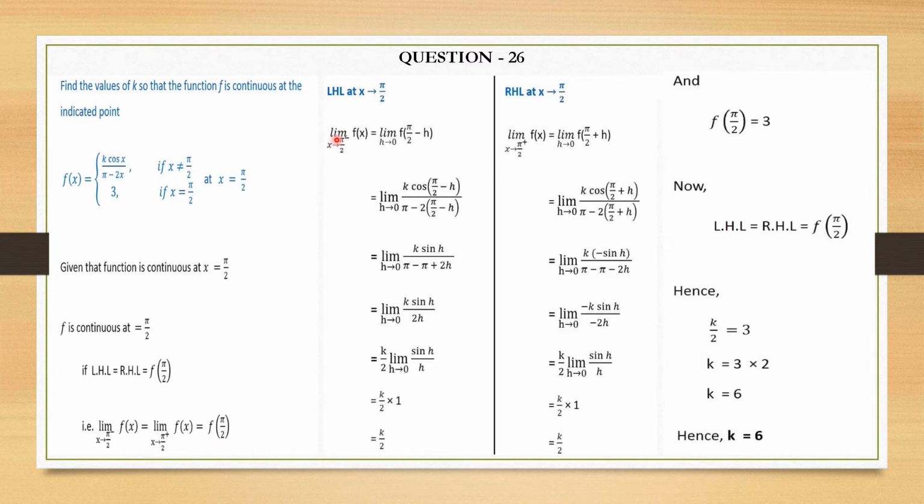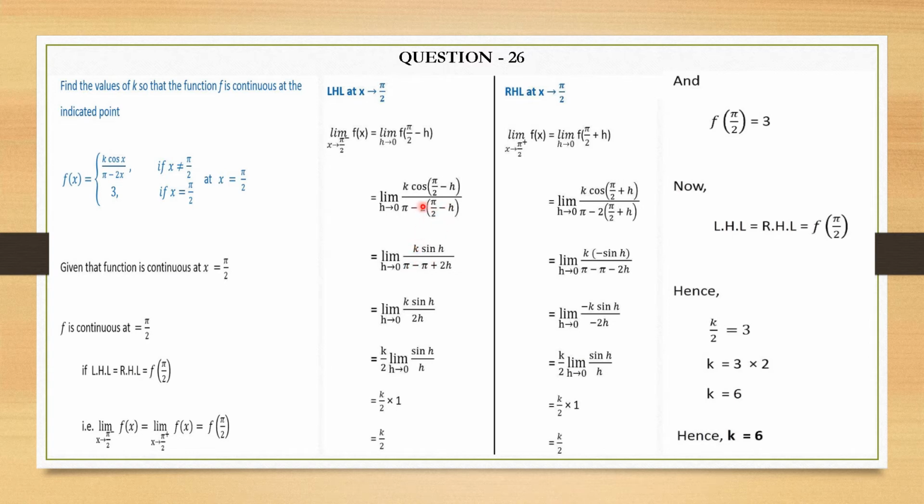The left hand limit is where x approaches pi by 2 from the negative side. So what should I put? x as pi by 2 minus h. When I put it here, it becomes k cos of pi by 2 minus h upon pi minus 2 times pi by 2 minus h. Now be careful here. The numerator becomes cos of 90 minus theta, which is sin theta, and in the denominator, pi minus 2 into pi by 2 gets cancelled, so it becomes pi minus pi.